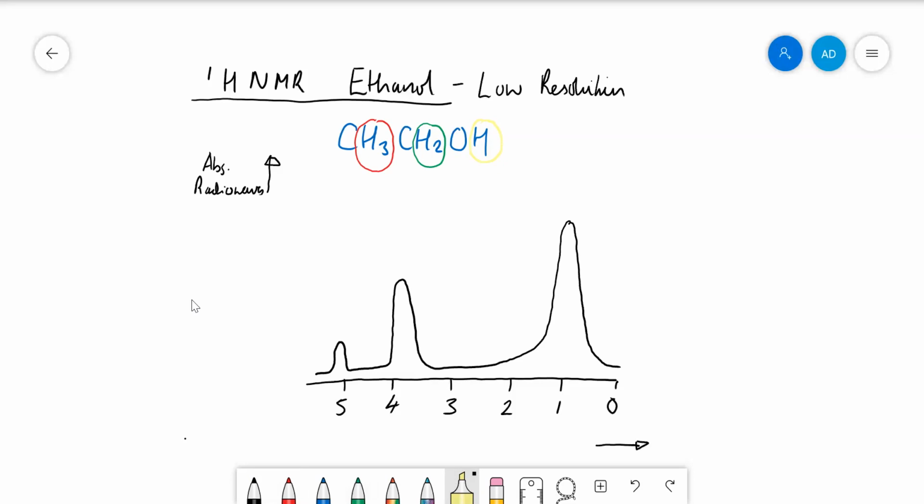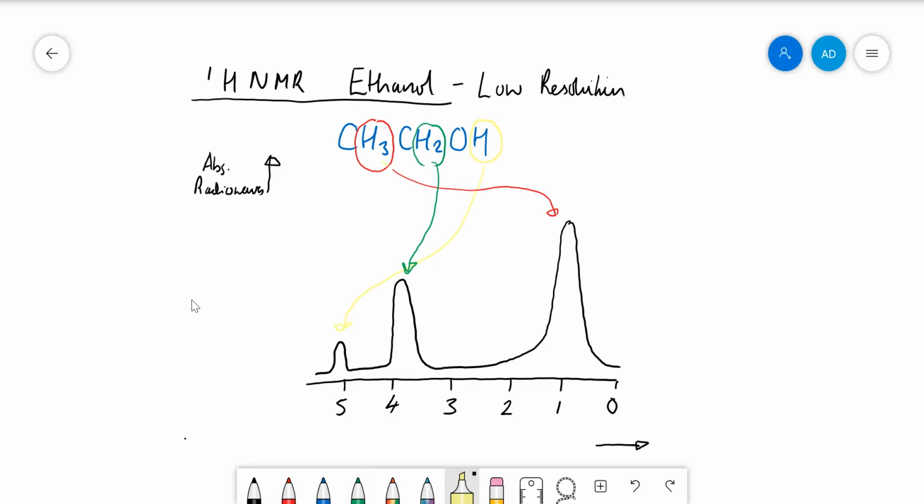Now you can probably guess which peak corresponds to which hydrogen environment. This is 3 hydrogens, and so this is going to be this bigger peak here. This one is 2 hydrogens, so that's going to be 2/3 of the area of the red peak, and then finally this one is going to be 1/3 of the area.